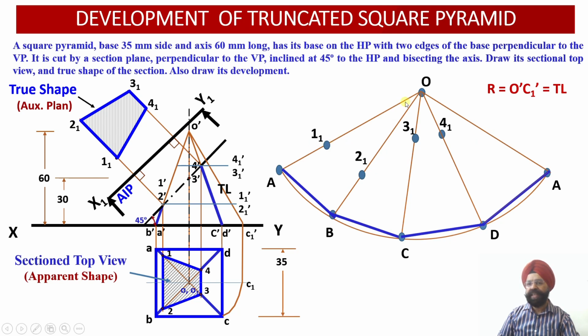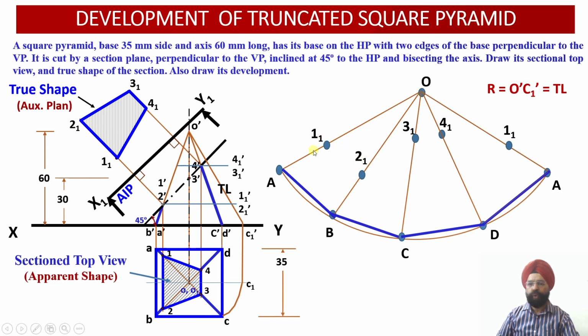Whatever distance I had drawn over here corresponding to 1 1, the same distance I am going to mark over here. So please check, since all the 4 points of intersection originally were lying on the apparent length, I have worked out the true length. So here 1 1, 2 1, 3 1, 4 1 and 1 1. So all the true length distances for the points of intersection have been marked.